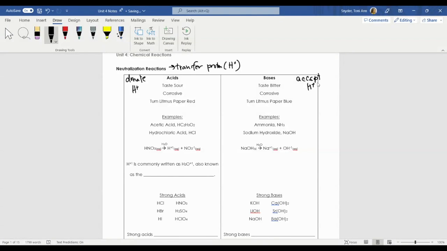Whenever you have sour candy, like Sour Patch Kids, you're consuming a whole bunch of citric acid. That citric acid allows your tongue to gain a whole bunch of protons when you consume it. That's why you get that sour feeling: you're feeling all of those protons that are transferring to your tongue. So anytime something tastes sour, it tends to contain a lot of protons.